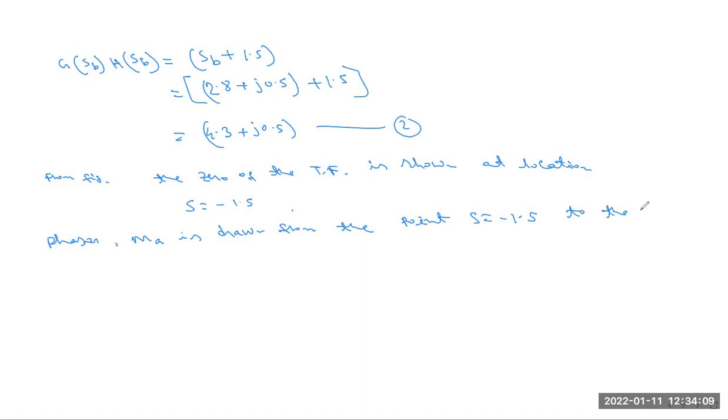To the point. Another phasor is MB, drawn from the point, that is also GSHS.